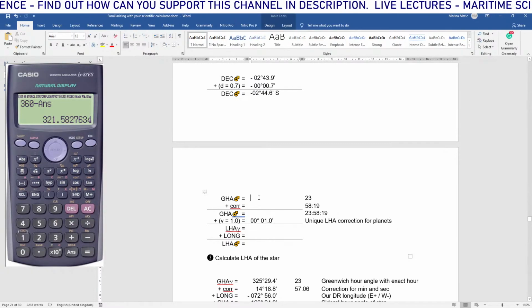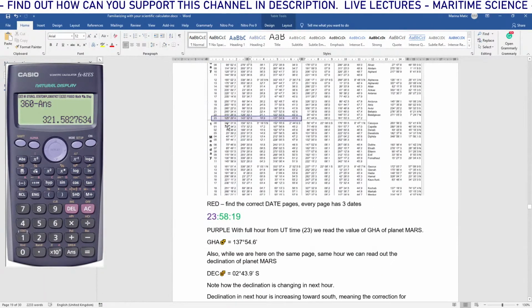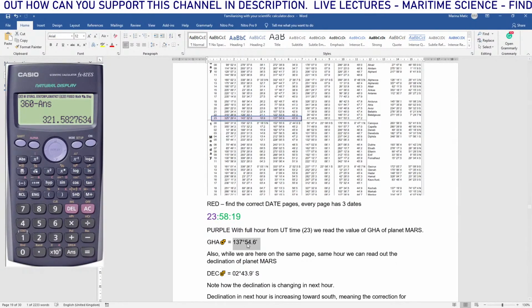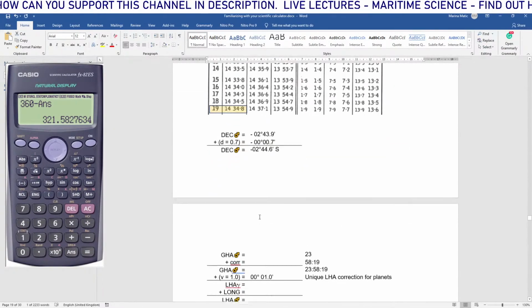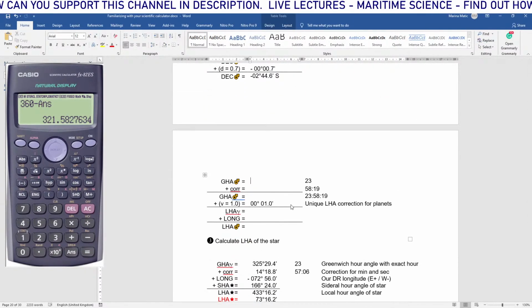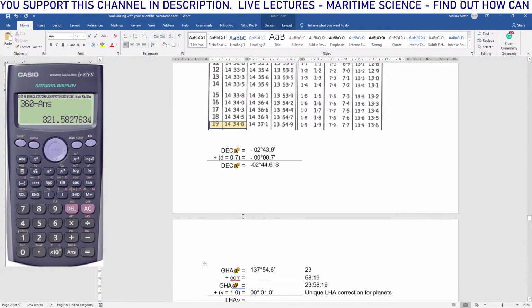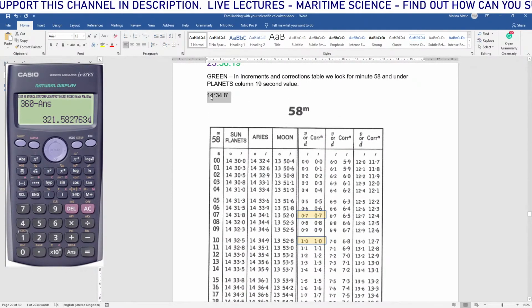So what was the Greenwich hour angle of Mars? Let's see it here. It was 54.6. So that goes here. The other is 14 34.8. Did I type it in? Yes, 14.